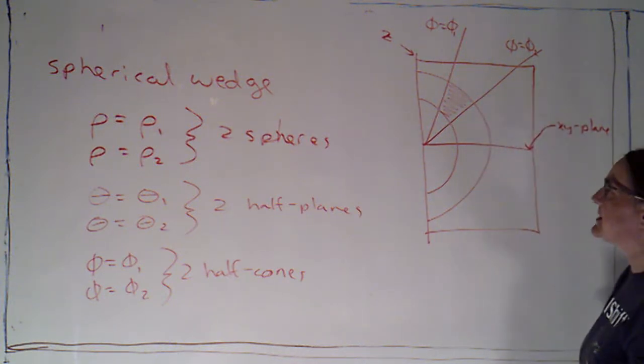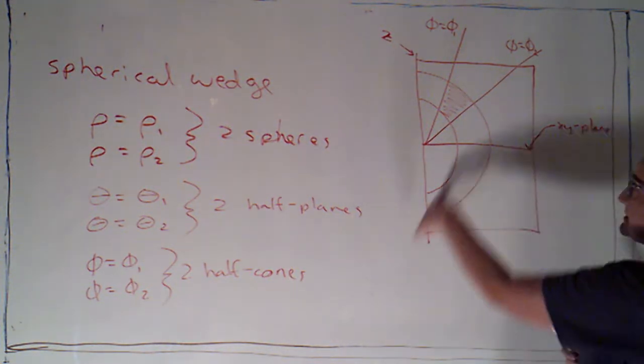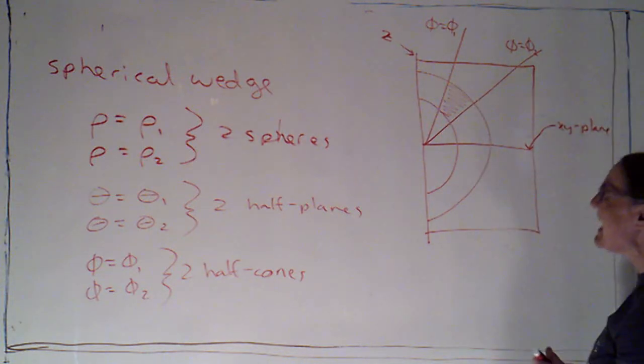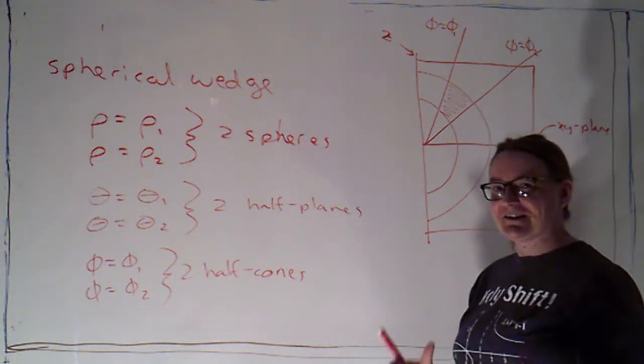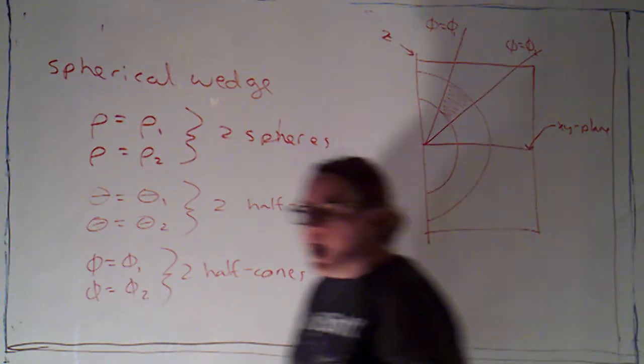Now you'll notice that looks essentially like a polar rectangle, and it essentially is, because it's determined by two rays and two circles. It's just those circles and those rays are intersections of spheres and cones with our half plane. Okay. All right.